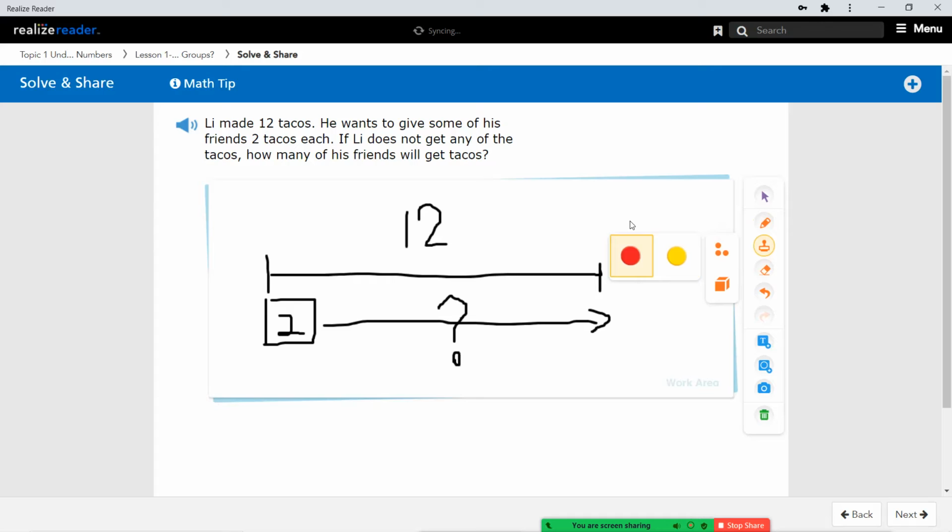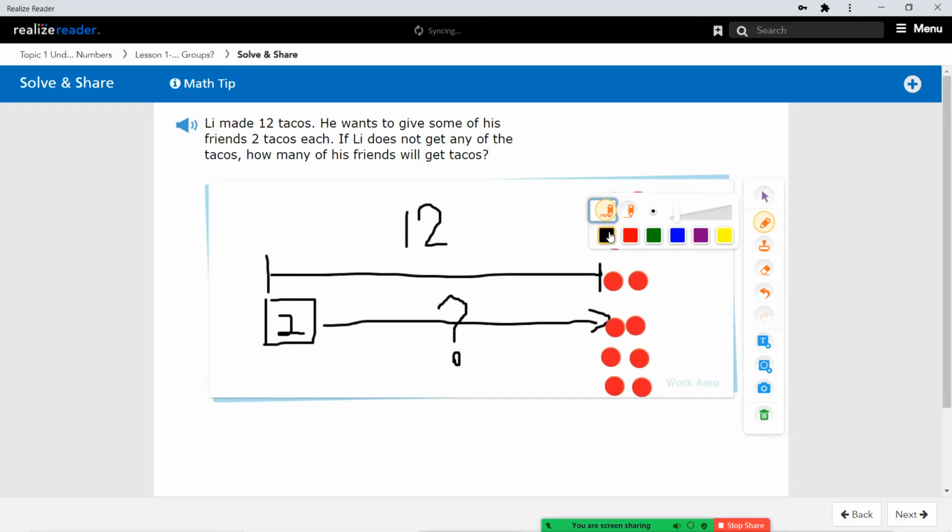So if I skip count by 2s, let's use my counters for this one. So 2, 4, 6, 8, 10, 12. So I want to see how many groups of 2 do I have, because what I did was I skip counted by 2s.